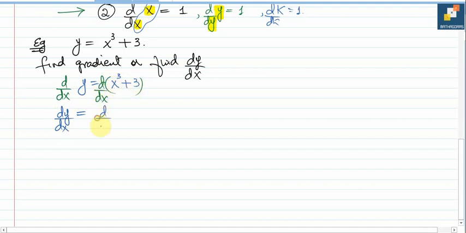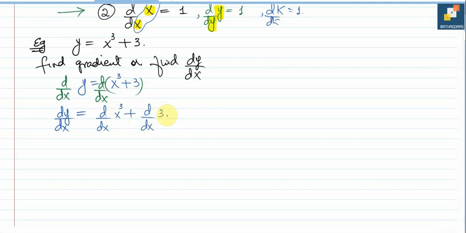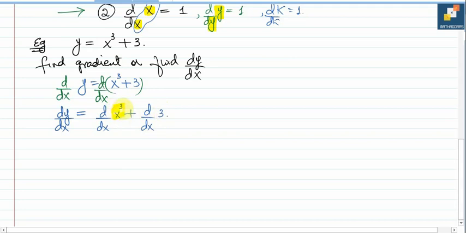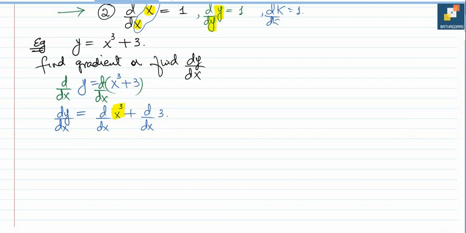So it will be d by dx of x cube plus d by dx of 3. I hope so far so good. There is no difficult step that I have done so far. All are very basic steps regarding the multiplication of the bracket. After that, since you have x power 3 and you need to differentiate that function, now you are going to apply those three principles.